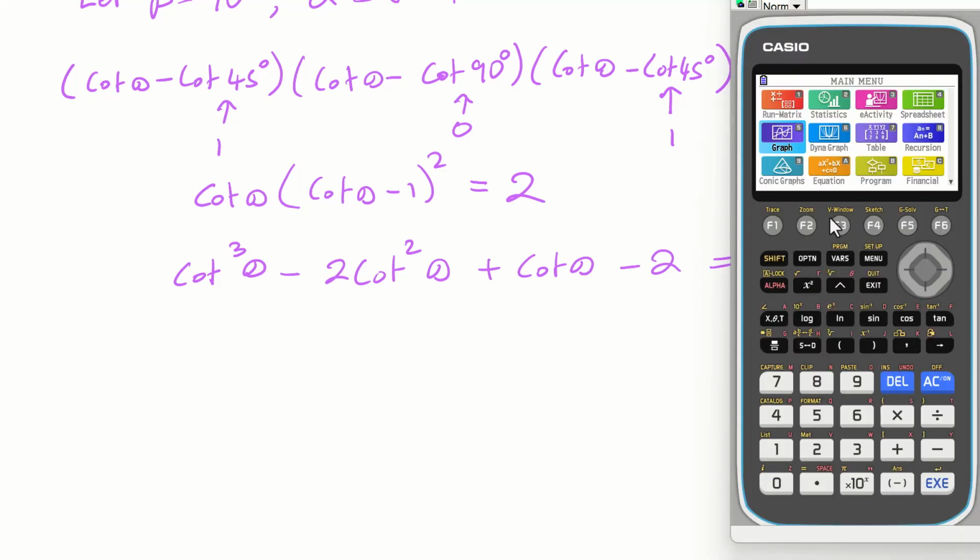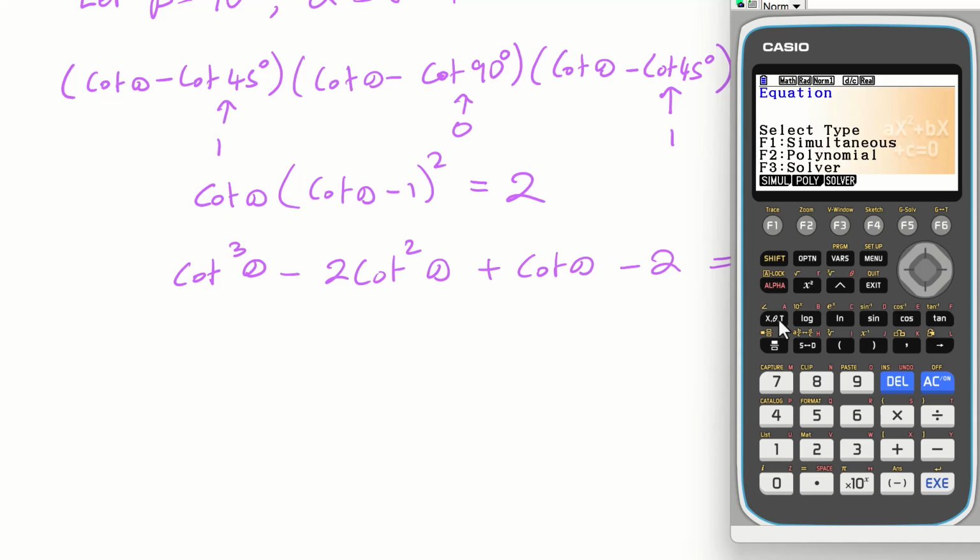So onto the calculator, and I think what we want here is to go into the equation solver. F2 is a polynomial. We have a cubic, and our a value is 1. Then we have negative 2, then we have 1 and negative 2.